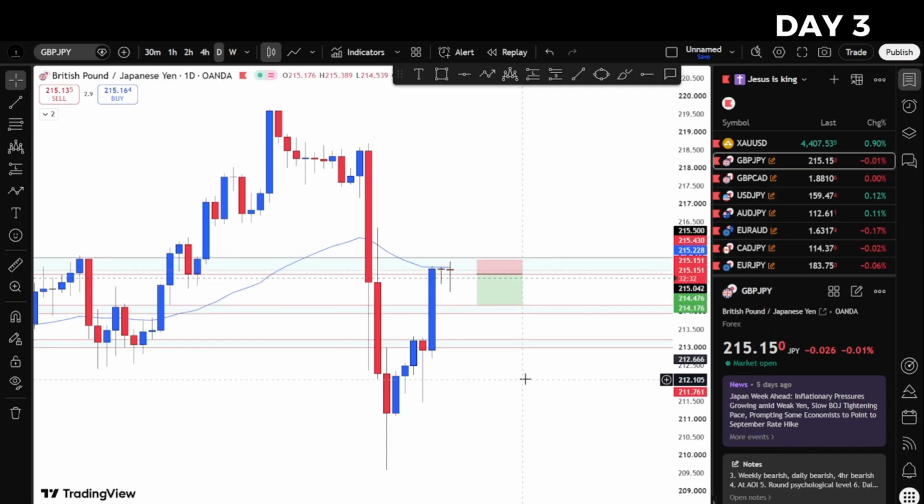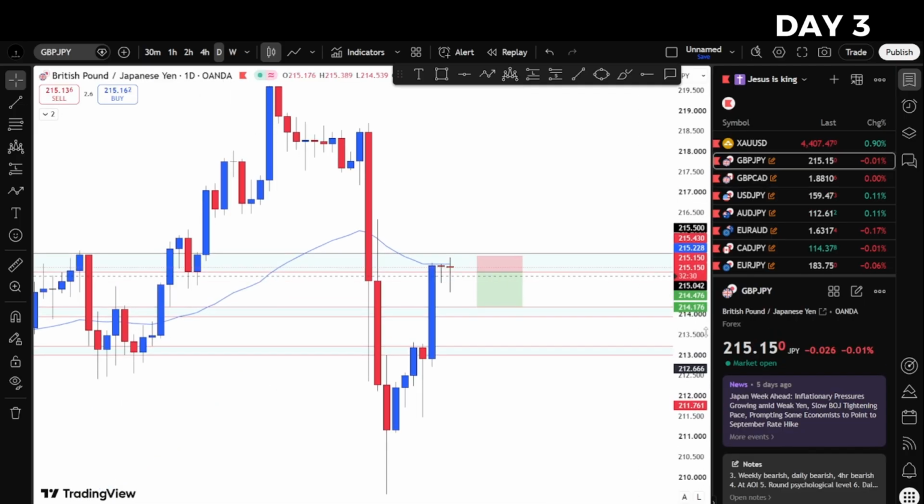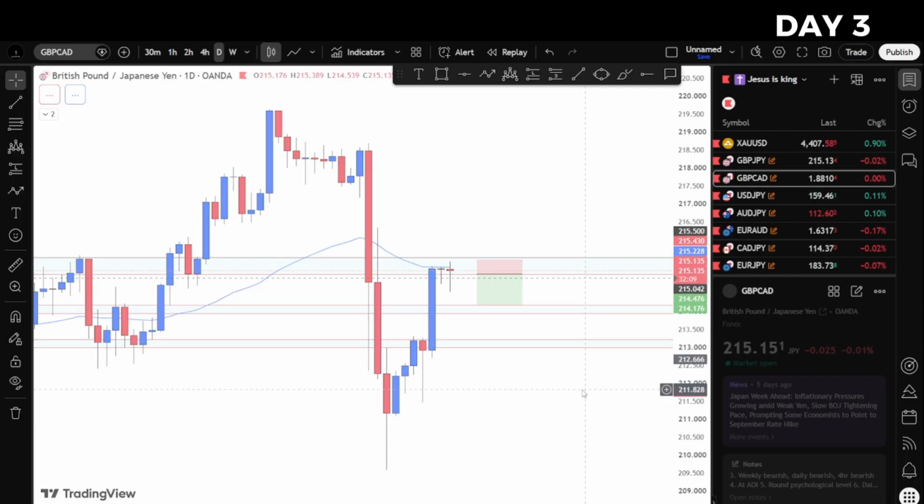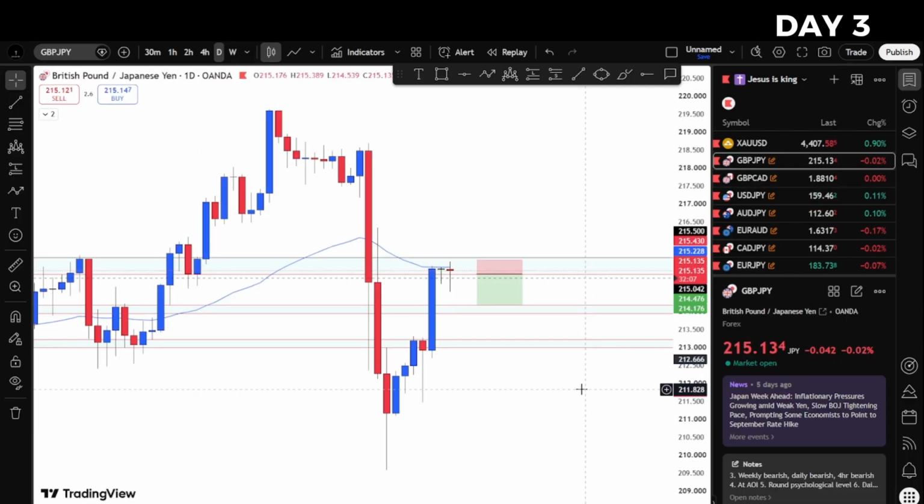In this market, I'm going to be selling the GBP, because if I sell, it means that I want the GBP, the British pound, to get weak. And here I want the GBP to get strong, because if I buy, it's because I want the GBP to get strong. So one or the other is going to give me the right moves.